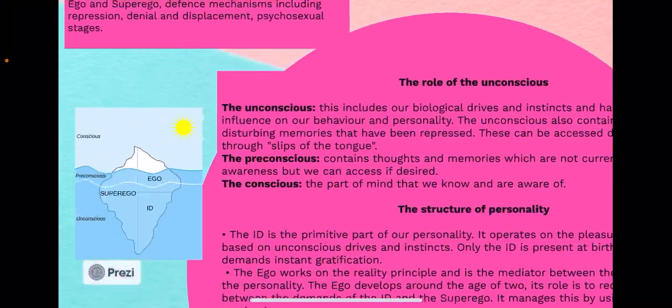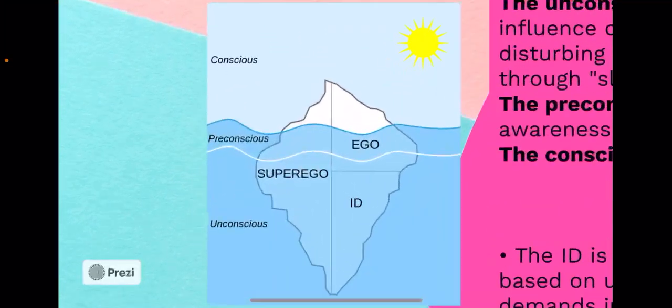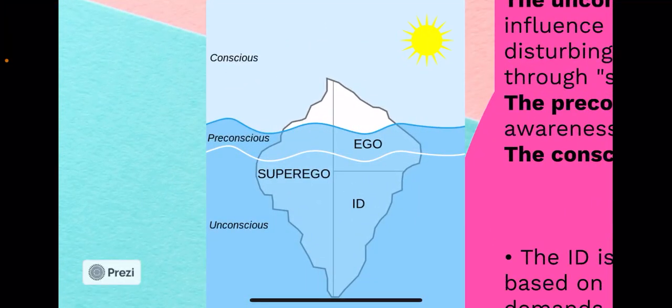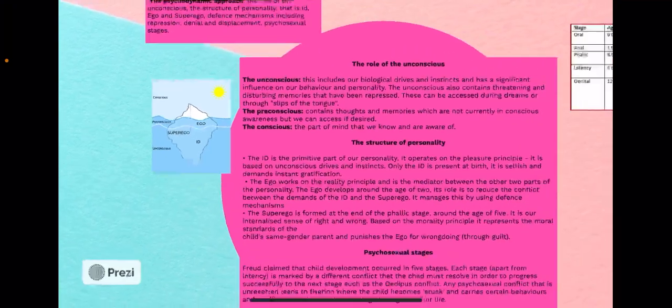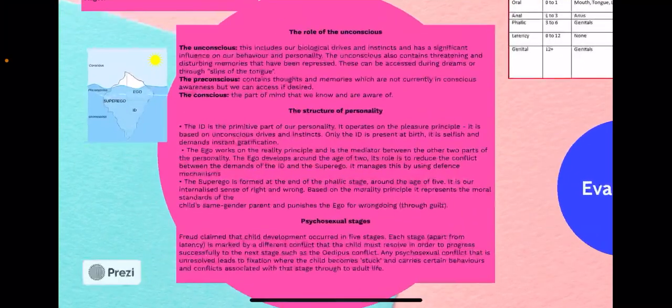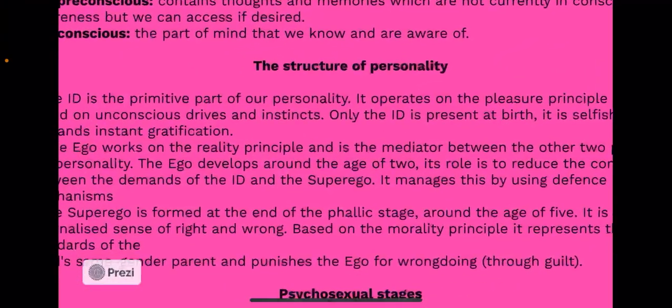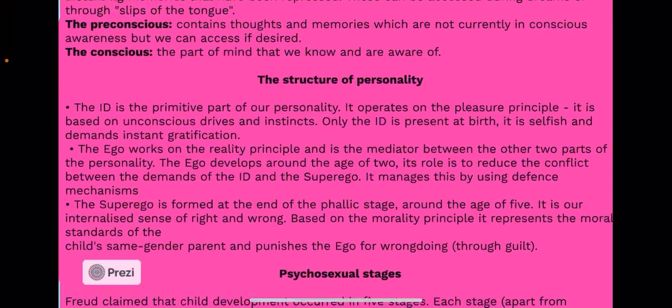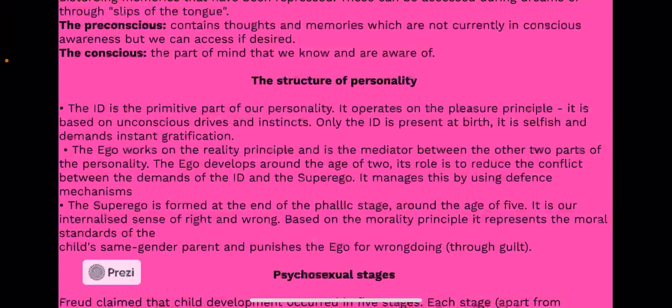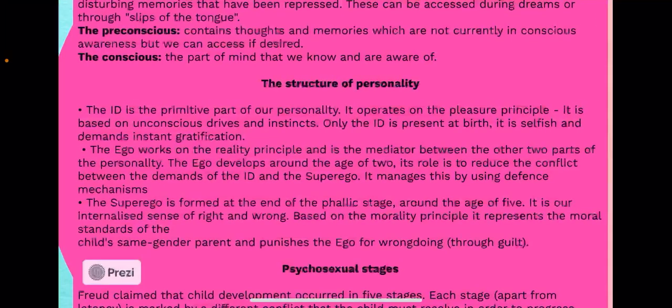For example, if we look at the diagram, you can see that in the unconscious you've got the id, which is those biological drives that we have. And you also have a large part of the superego within that unconscious as well. So the id links to the unconscious because it lies purely in the unconscious, but it also links to the structure of personality.